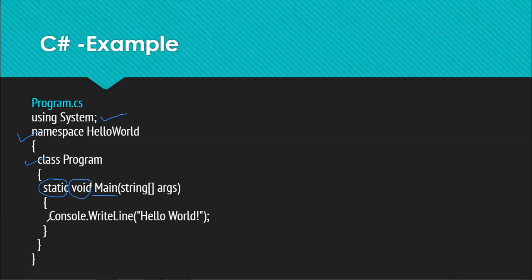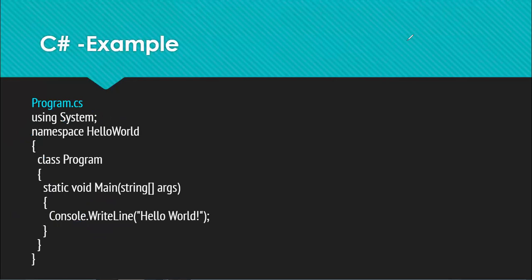And last is Console.WriteLine. Here Console is a class which is provided by System. If you remove this line, you have to write System.Console.WriteLine. This is basically used when you want to print something or display some message to the user.